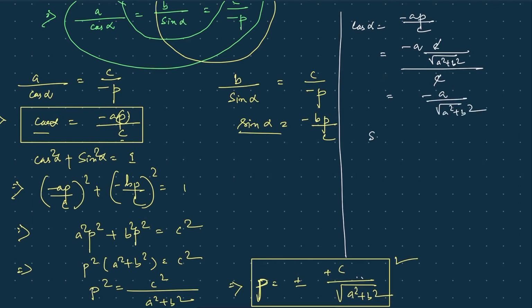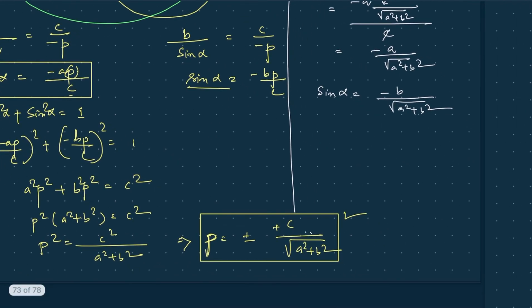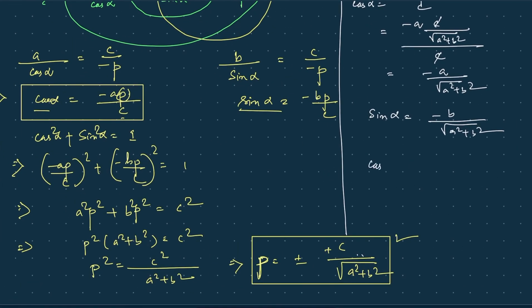Similarly, you can get sine alpha, which is equal to minus b divided by the square root of a square plus b square. Now if I write the normal form, x cos alpha plus y sine alpha is equal to p. Then what is cos alpha? Cos alpha is this one.